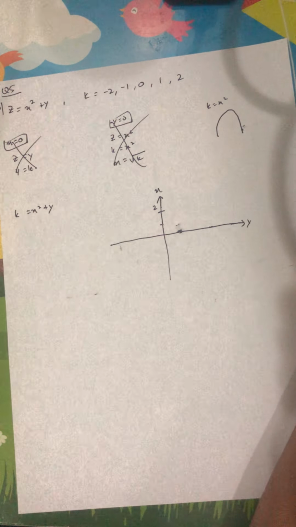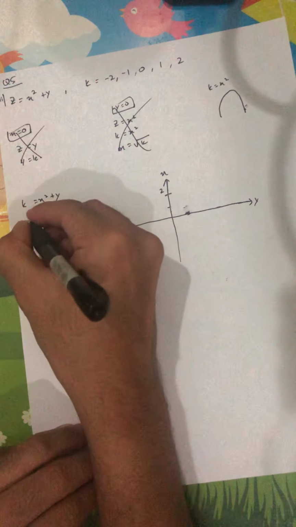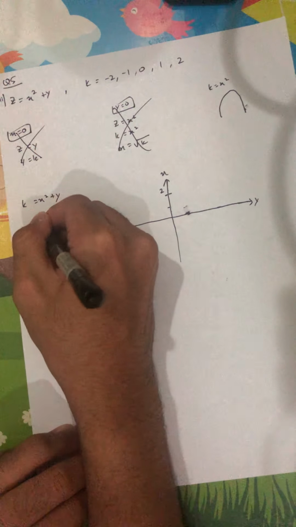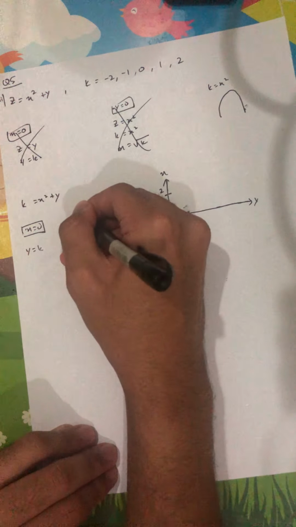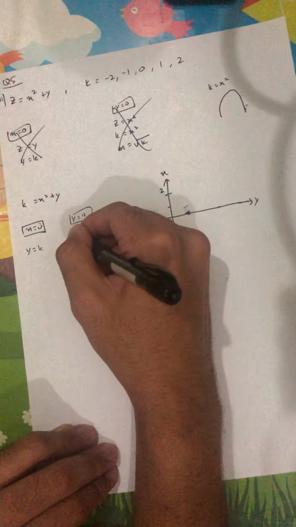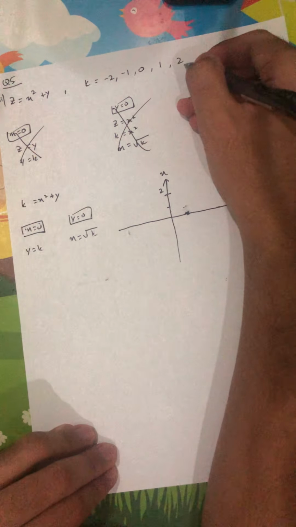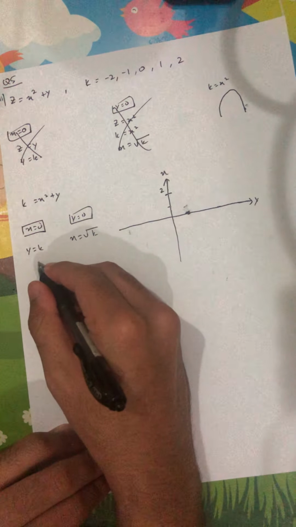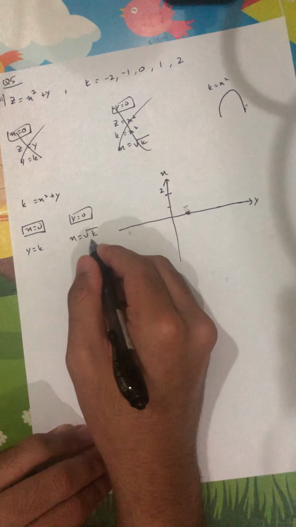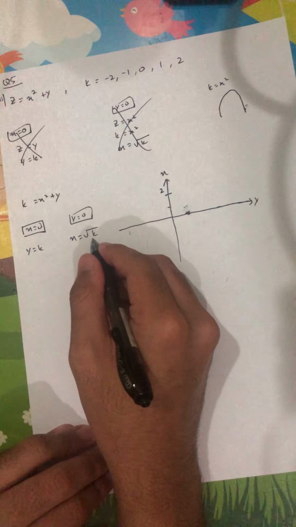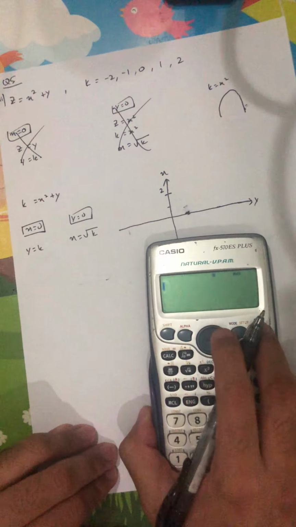Oh sorry, I think we will need these equations, so I'll just write it again. At x equal to 0, y equal to k, at y equal to 0, x equal to root of k. So at k equal to 2, y will be equal to 2, and x will be equal to plus minus square root of 2, right? Because this is a root, it must be plus minus, right?